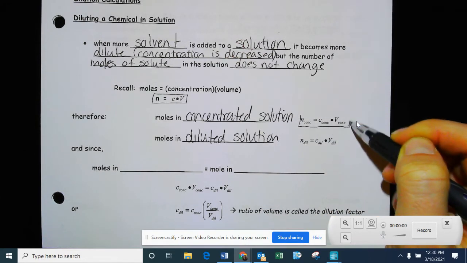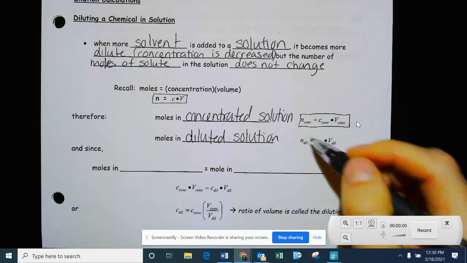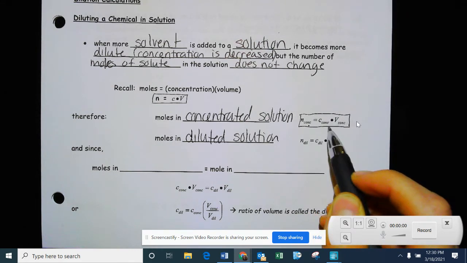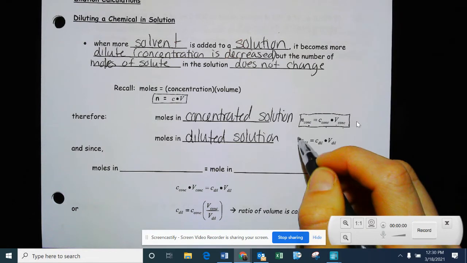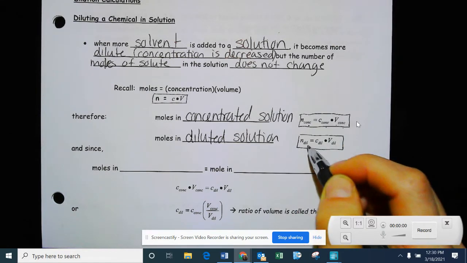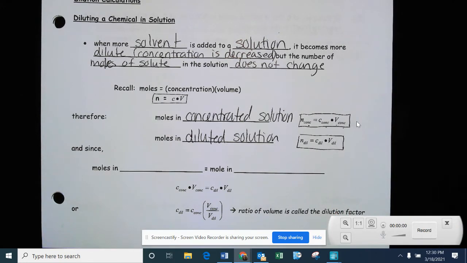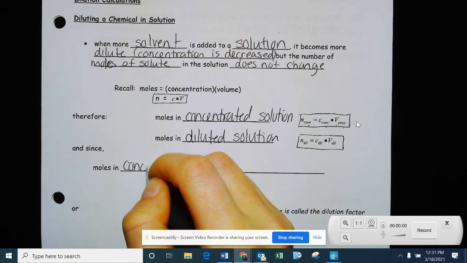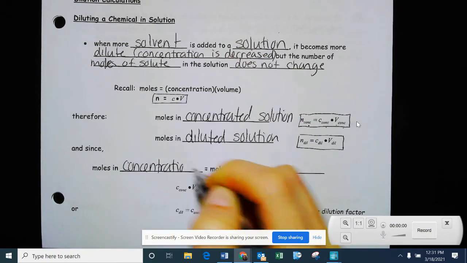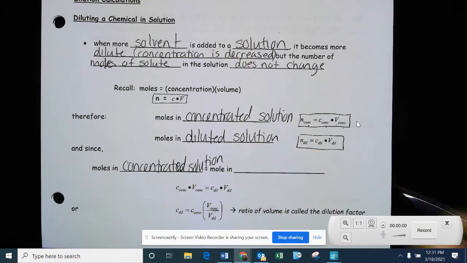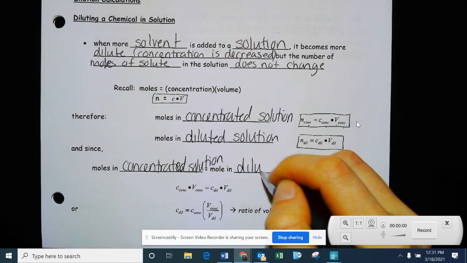It's the same formula, but we're adding n concentrated, C concentrated, V concentrated, and then after, n diluted, C diluted, and V diluted. We're just changing the volume and the concentration. So again, moles in the concentrated solution are equal to the number of moles in the diluted solution.